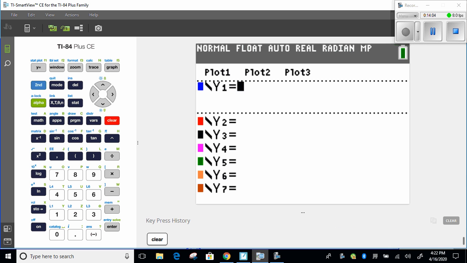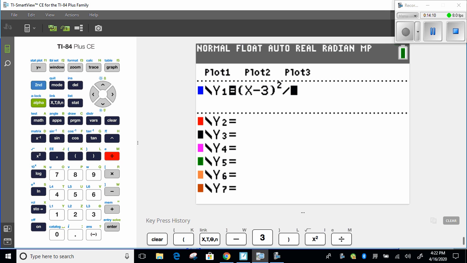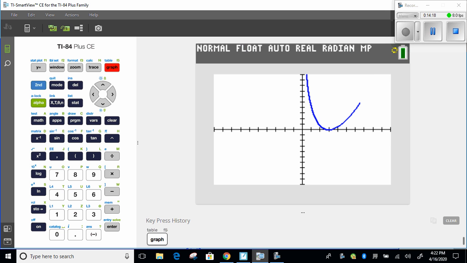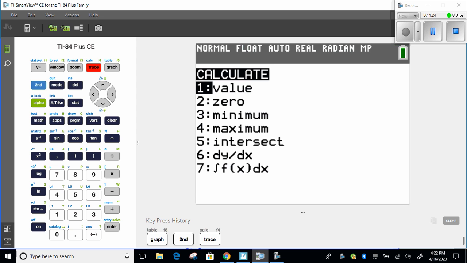So we have parenthesis x minus 3 squared divided by the square root of x. And we are going from 4 to 9. So second, calculate.